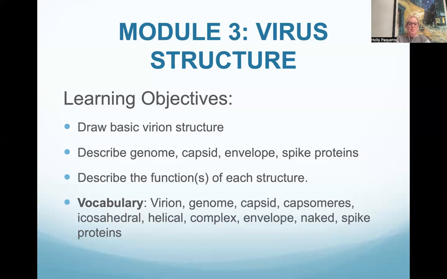You should be able to describe the functions of each of these structures as well. The vocabulary for this particular mini lecture include virion, genome, capsid, capsomeres, icosahedral, helical, complex, envelope, naked, and spike proteins.